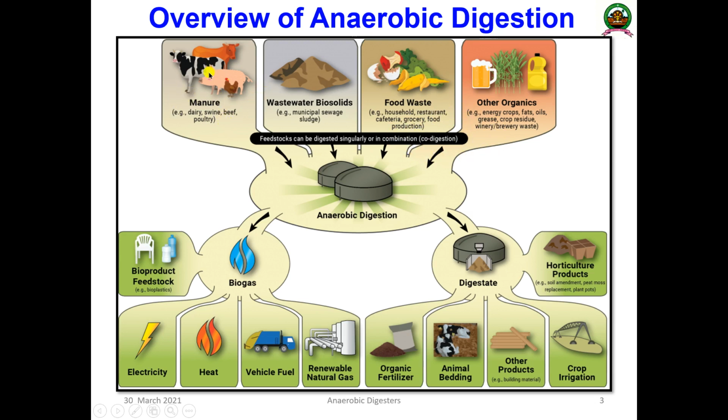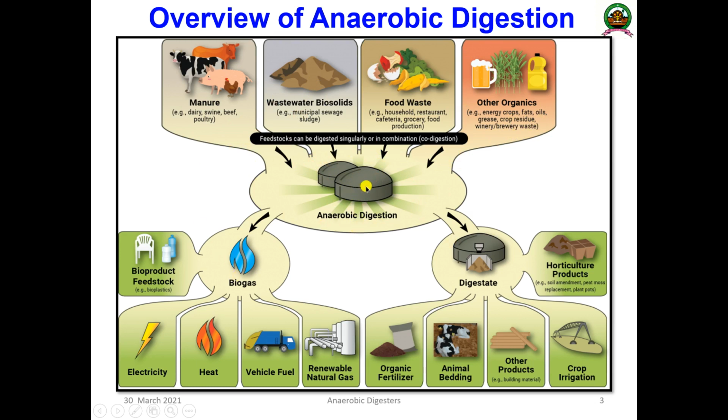You can use manure such as dairy, swine, beef or poultry products; wastewater biosolids such as municipal sewage sludge; food sources like household, restaurant, cafeteria, grocery and food production sources; and other organics such as energy crops, fats, oils, grease, crop residues, winery and brewery waste. All of these act as the feed, and that will be digested in an anaerobic environment.